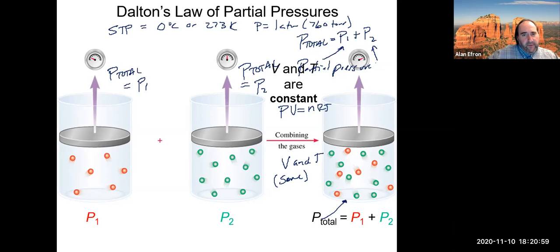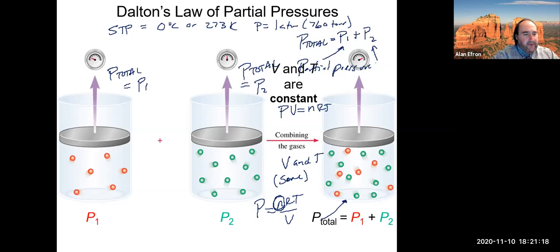So usually when we solve the ideal gas law, we would solve for P for each gas individually. And really the only thing that's usually different between the gases is the number of moles, since temperature and volume are the same for all the gases in there.